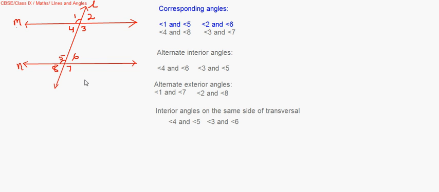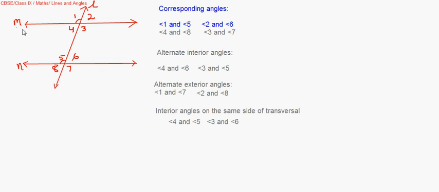On the other hand, even when there are two parallel lines and there is a transversal, the alternate interior angles will also be equal. Like 4 and 6, 3 and 5, the ones we have actually marked here, they will also be equal. Just the converse of it will be like the previous one.